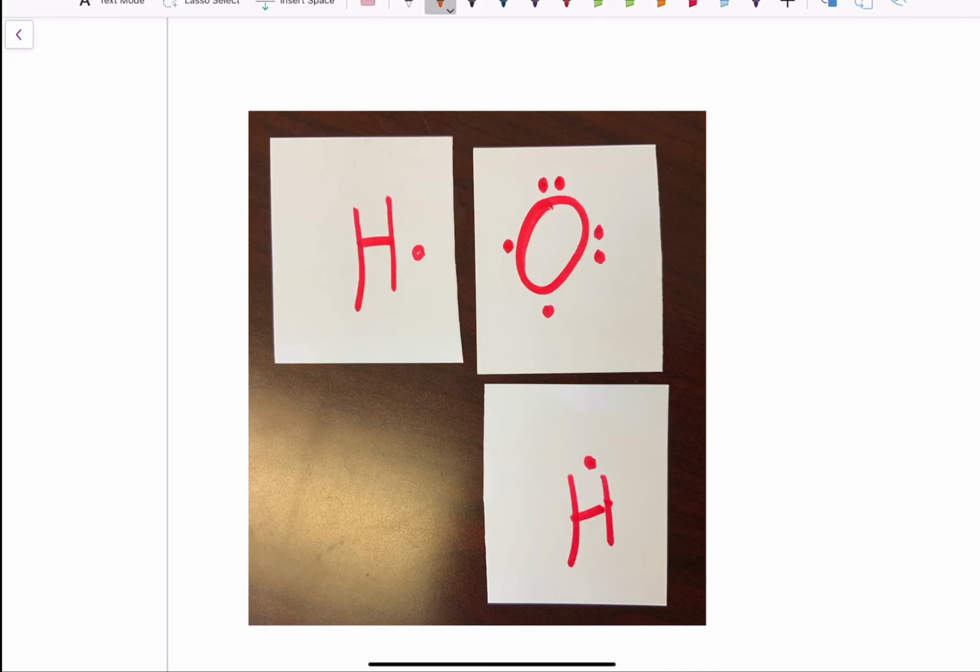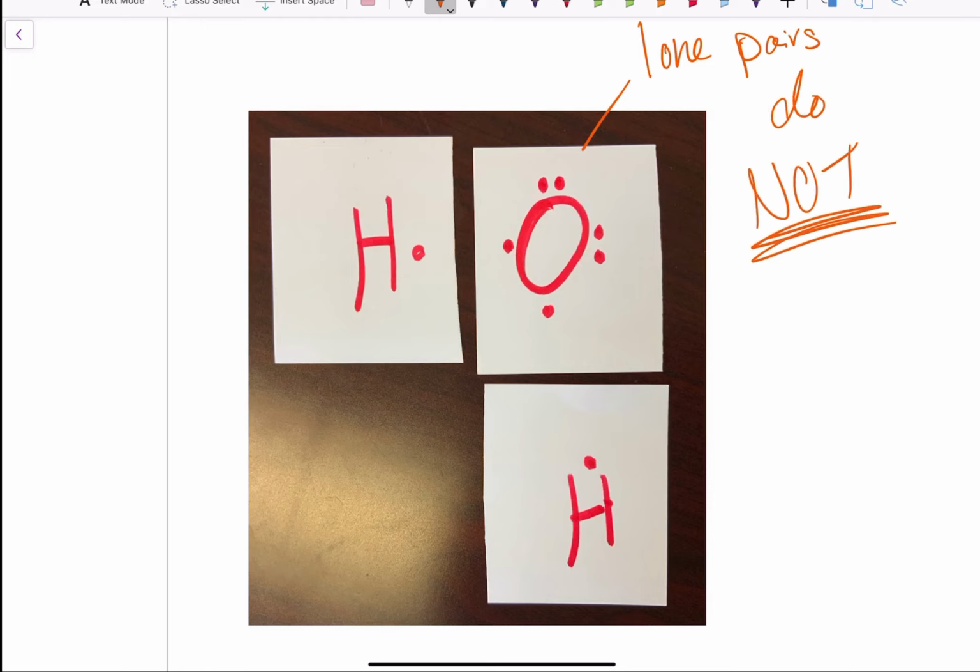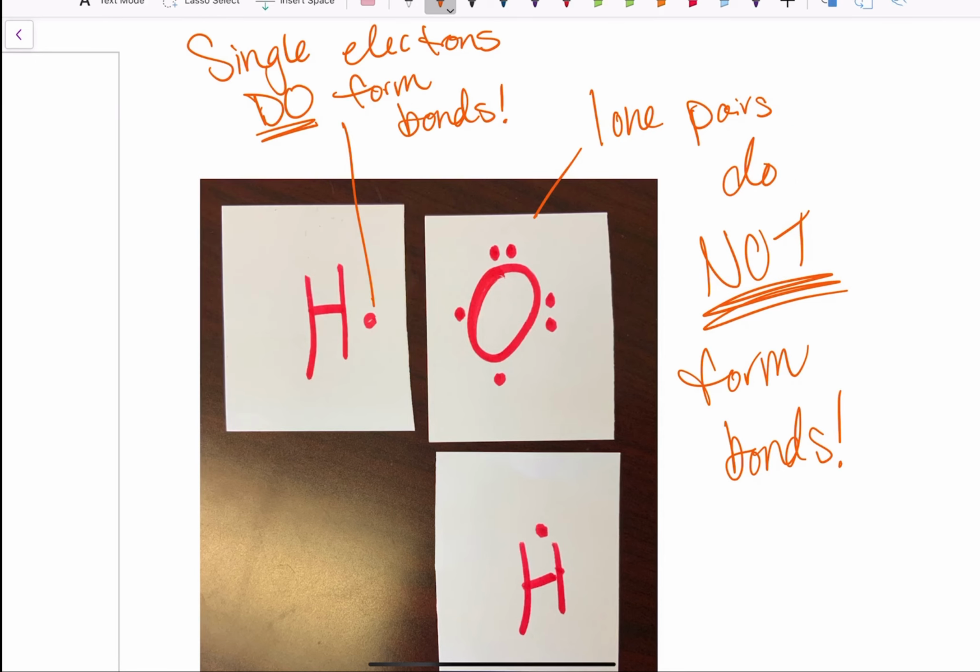If something is already a lone pair, like those 2 are, they do not form bonds. So lone pairs do not form bonds. However, single electrons will. These single electrons do form bonds, and they want to form bonds.